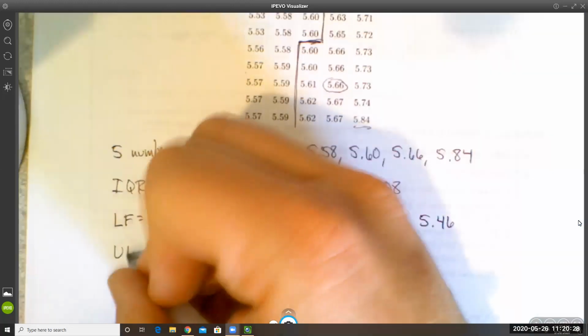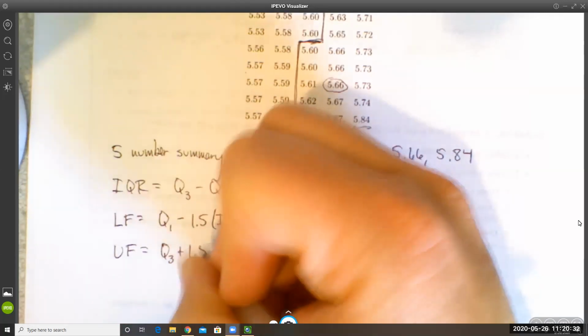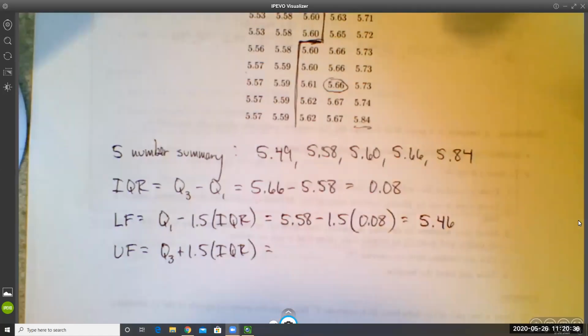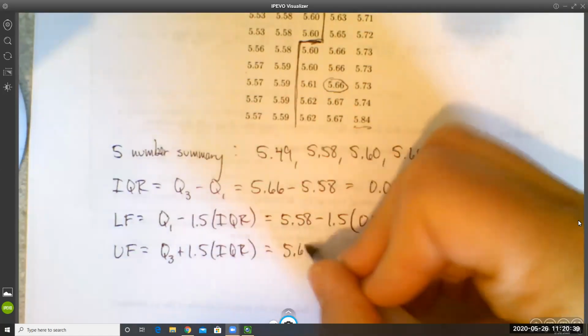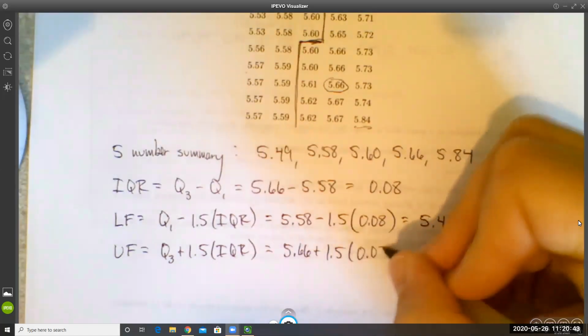Our upper fence is Q3 plus 1.5 times the IQR. So that's 5.66 plus 1.5 times 0.08.